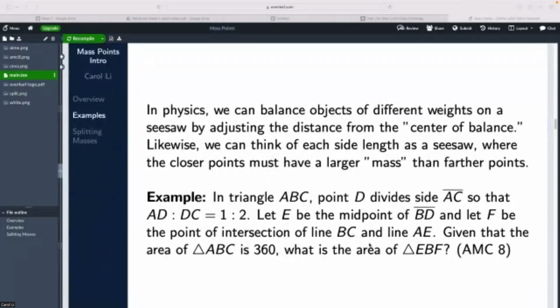Okay, and then let's get to next. So basically in physics, we can balance objects of different weights on a seesaw by adjusting the distance from the center of balance. This is something you guys will learn later in physics. But basically, think of a seesaw.